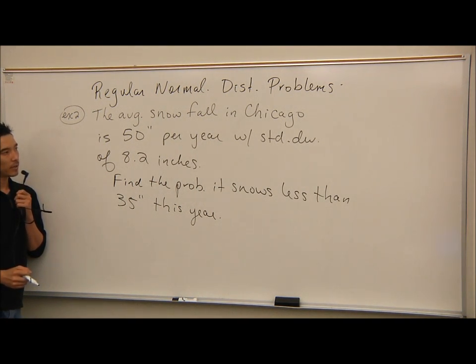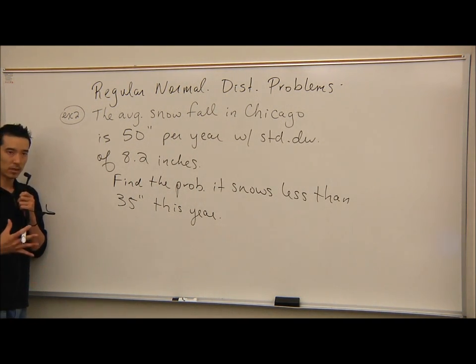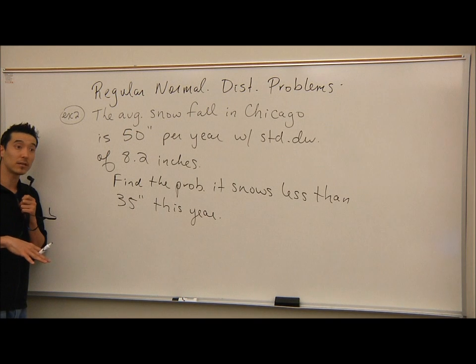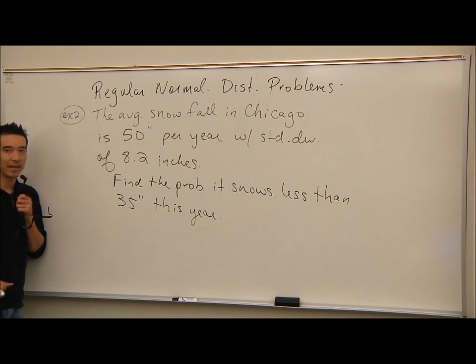So why don't you guys take a minute, try to set this one up, draw the picture, draw where 50 is, draw where 35 is, draw the area that you're trying to establish, convert it to a Z standard normal, draw that picture, figure out that area, and then see if you can look up the answer in your book. Okay? This is what we call a regular normal distribution problem.